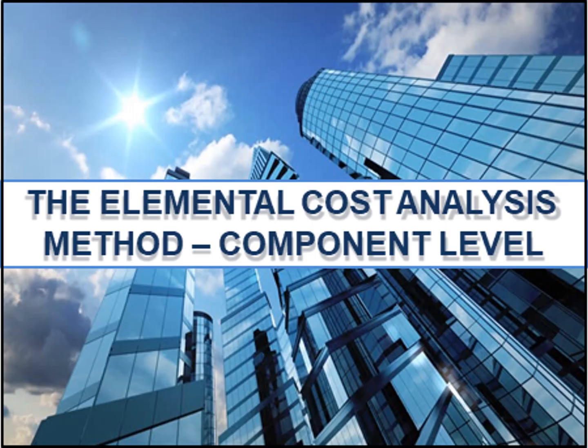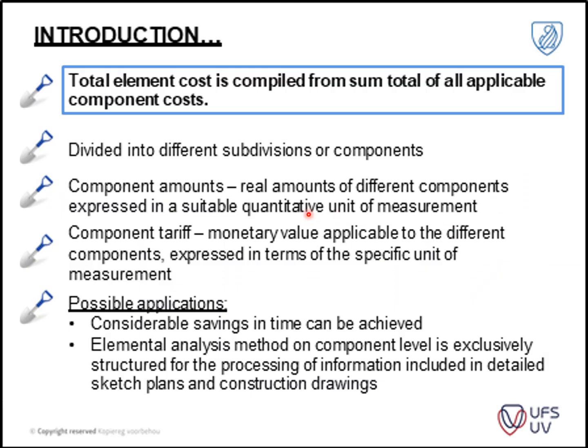Looking at your elemental estimate method first, we're going to spend some time on this after today's lecture still. This is just the overview and the theory part of it. It is divided into different submissions or components. Your component amount is the real amounts of different components expressed in a suitable quantitative unit or measurement, and the component tariff is the monetary value applicable to the different components expressed in terms of a specific unit.